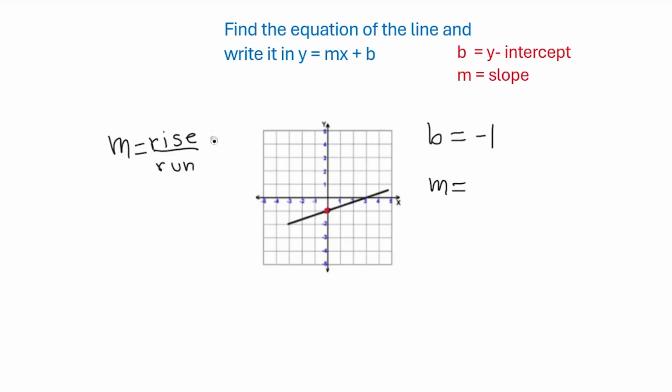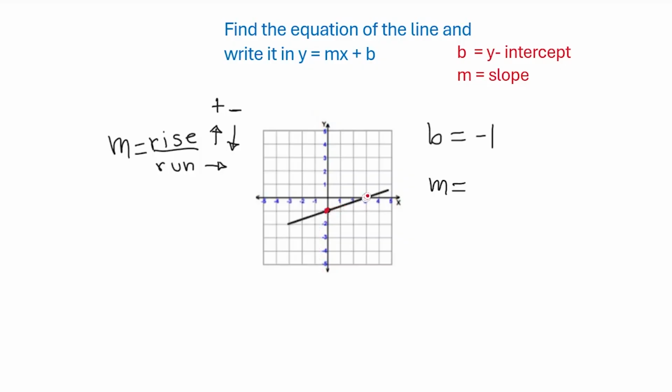And when you move up one more time to get to the point, the slope is gonna be positive. If you move down to get to the point, the slope is gonna be negative. And the run, you're always gonna be moving to the right. Okay. So now out of this, I need 2 points.